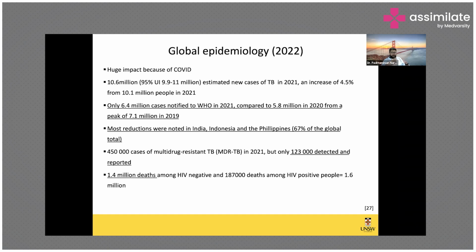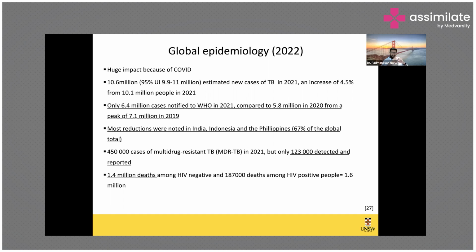Based on many seroprevalence studies and national TB prevalence surveys, WHO takes the prevalence surveys and they estimate this number. So according to that, there should be let's say 11 million cases. But if you look at the reporting, only 6.4 million cases are actually notified.